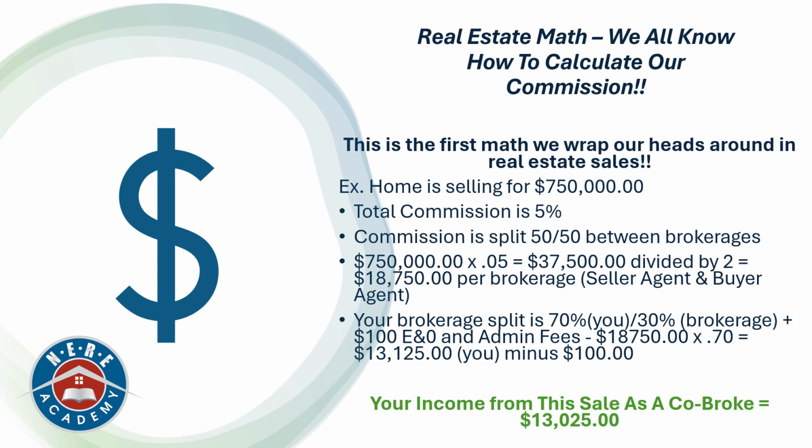You're going to minus $100 there, and that's going to give you a total income from this sale as a co-broke of $13,025. We all need to remember in real estate that most of us will end up being independent contractors, so don't forget you need to set aside some money out of that $13,025 for taxes.